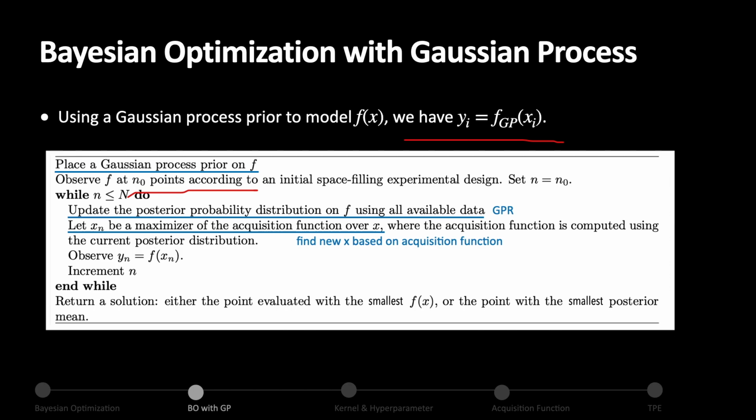So we will have an expected xn for our new experiment. Then we evaluate f of xn and store this as yn. We iterate this loop for n times. And finally, we return the best solution we have with the smallest f of x.